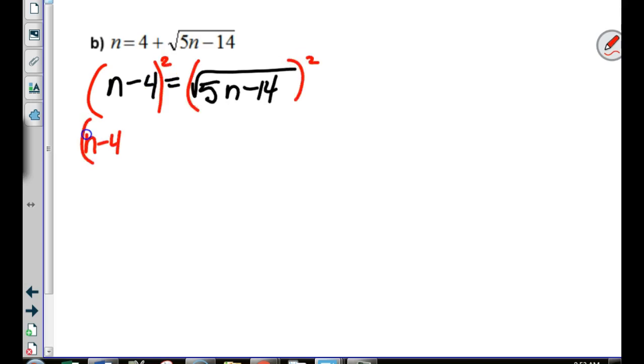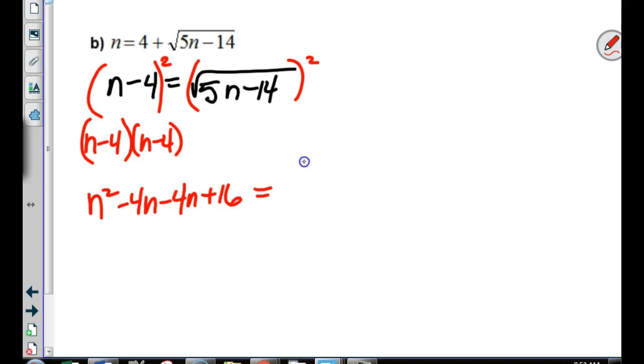Over here I get n squared minus 4n minus another 4n plus 16 equals 5n minus 14 over here because the squared and square root will cancel. I got to get it equal to 0. I could simplify this side first, sure.